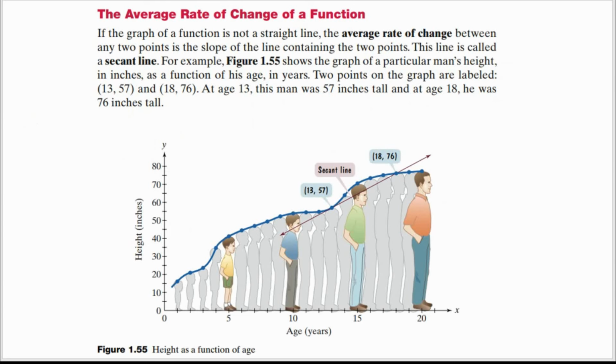The average rate of change of a function, just a model. If we look at a person's height as it changes through time, and you see this person when they're 5 years old, and then when they're 20 years old, the height changes. So what we do here is take the height at two different intervals, and then draw a straight line.